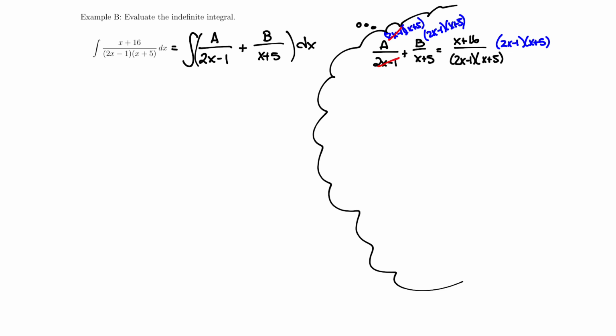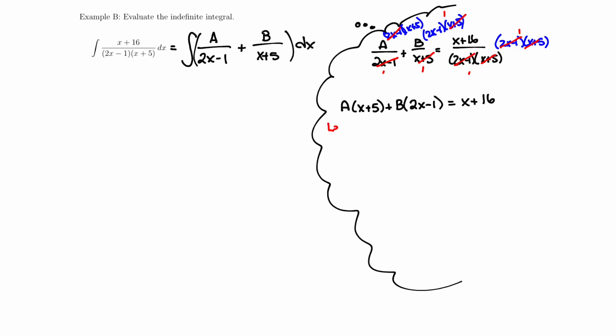And I'm going to cancel what I can. This cancels 2x minus 1, this cancels x plus 5, and this cancels the entire denominator. So that gives me a times x plus 5 plus b times 2x minus 1 equals x plus 16. Most of you did this, so I'll do it this way to start.